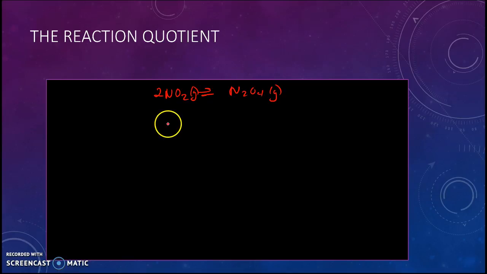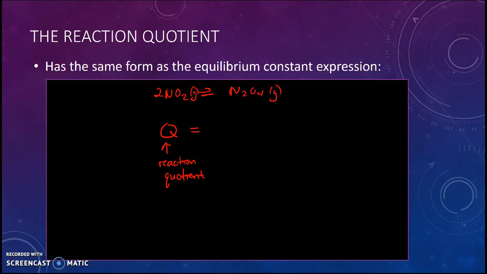But what I can also do more generally is write a reaction quotient, and we'll symbolize that with a Q, and I can calculate this reaction quotient in the same way. So it has the same form as the equilibrium constant expression, and I can say that it's the concentration of N2O4, my product, divided by my reactant.